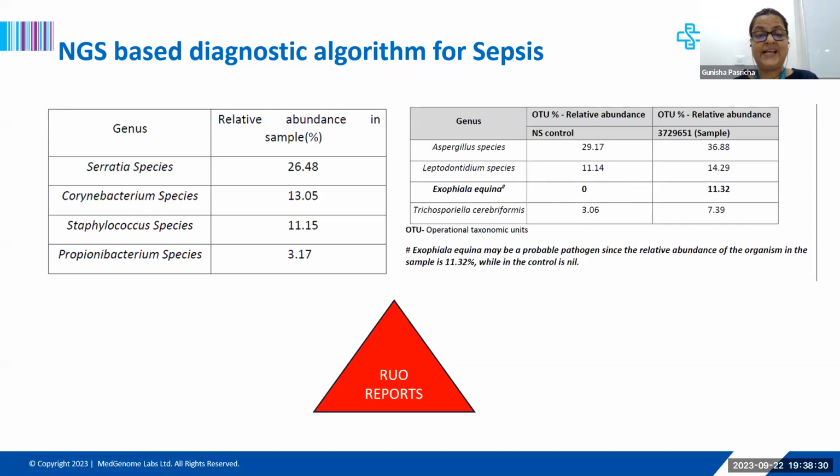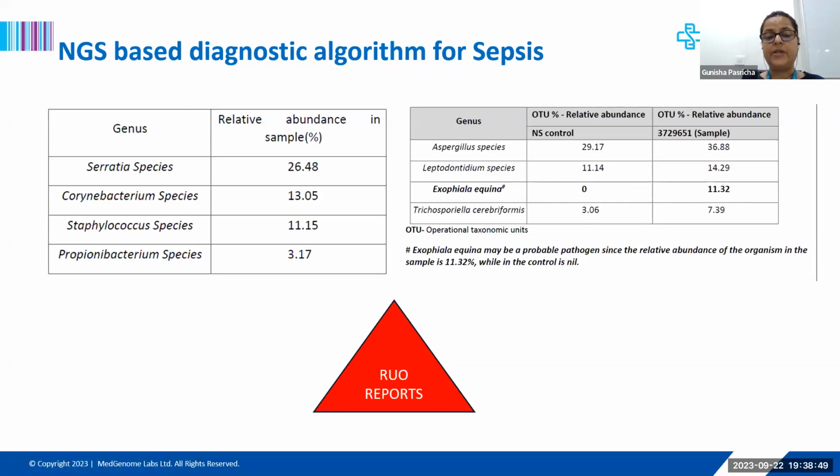So it is not a yes-no kind of situation like we are used to in PCR or blood culture, positive, negative. There is some input which is definitely required to interpret the result, and both clinicians as well as the patient need to be aware that this is the kind of report which is going to be shared.